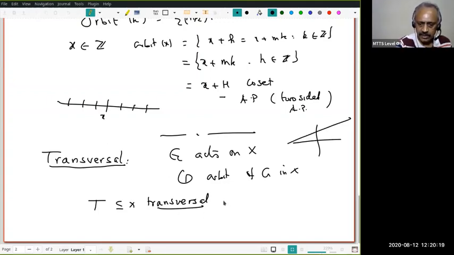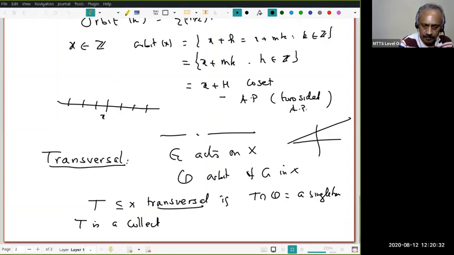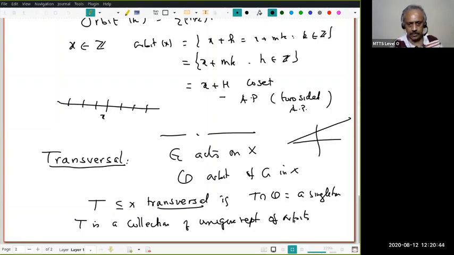T is a transversal if T intersection any orbit is a singleton. What does that mean? It simply means T is a collection of unique representatives of orbits. From each orbit, you fix only one element. That's what we call a representative, right? So it is a collection of representatives of orbits.